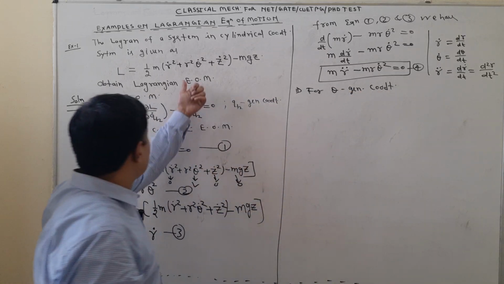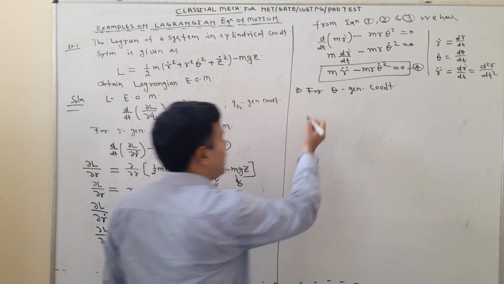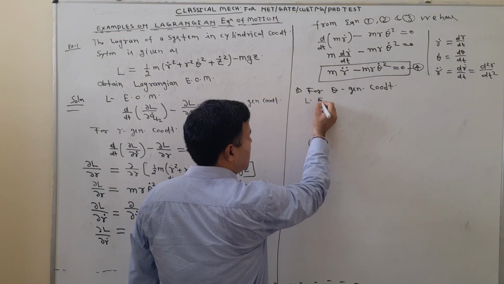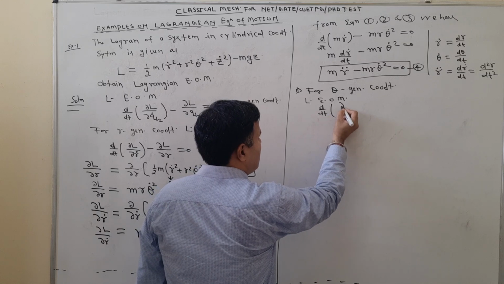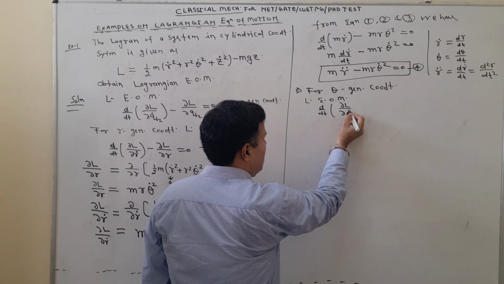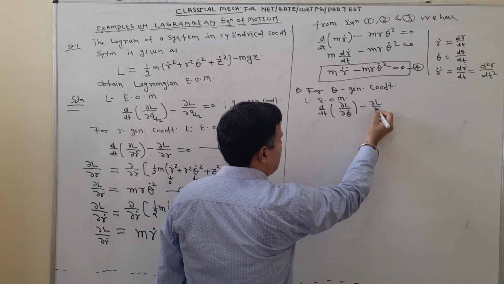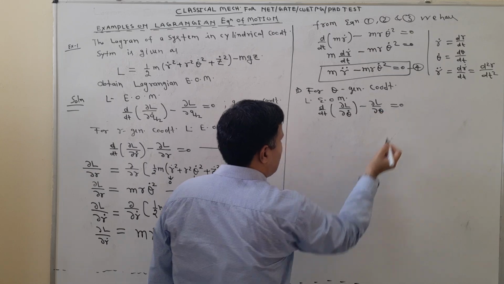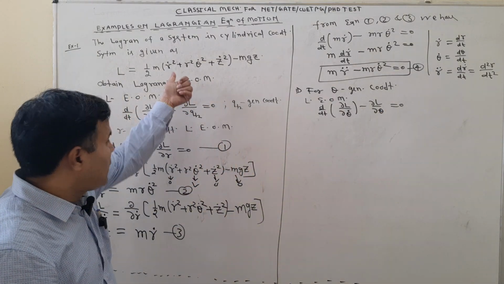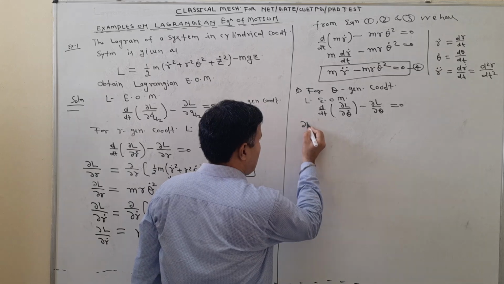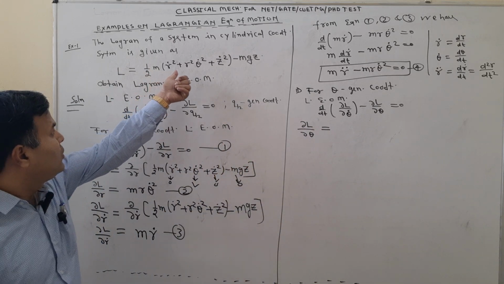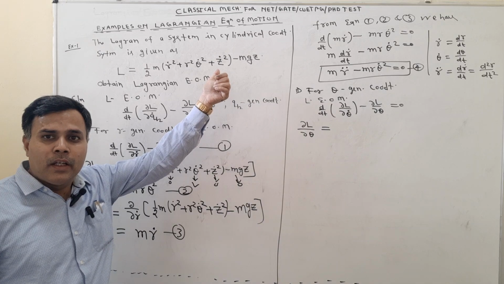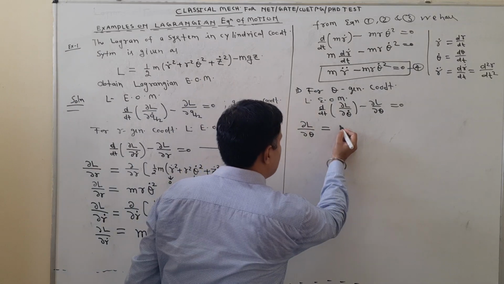Because we have three independent coordinates, the corresponding Lagrangian equation of motion is d by dt of del L upon del theta dot minus del L upon del theta. So what is del L upon del theta? Because there is no theta expression in our Lagrangian, del L by del theta is simply 0.